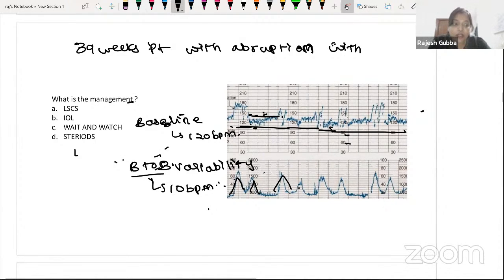Do you have accelerations or decelerations? We have only accelerations here. We don't see any decelerations. Do you see any dip of the baby's heartbeat? No. Everywhere I'm seeing them going up nicely.